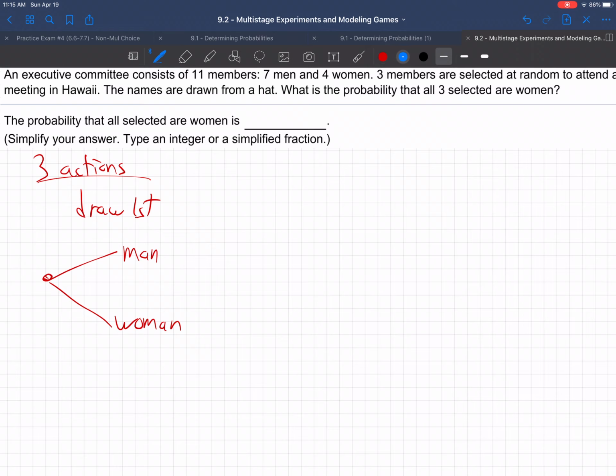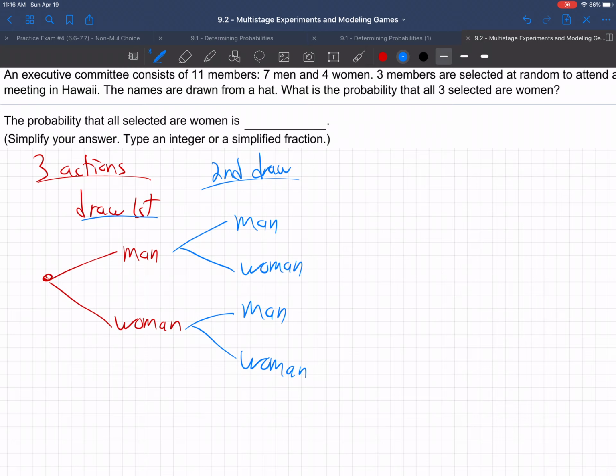And then the second time they reach in the hat, so that was the first draw, they're going to either get a man or a woman's name on the second draw. That's the second draw.